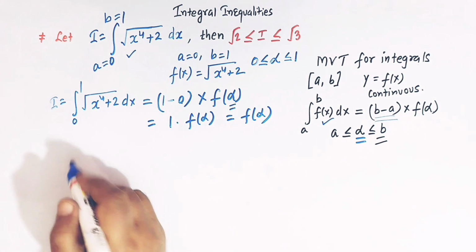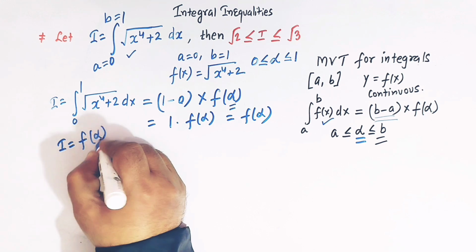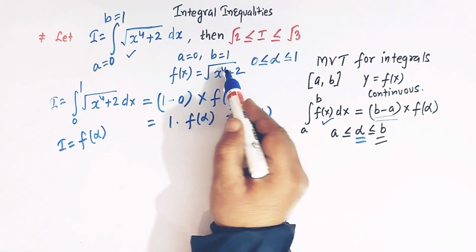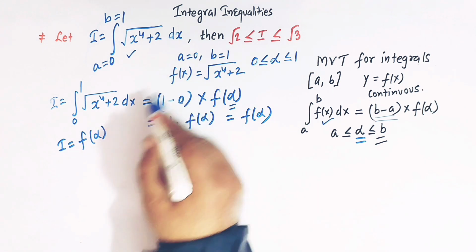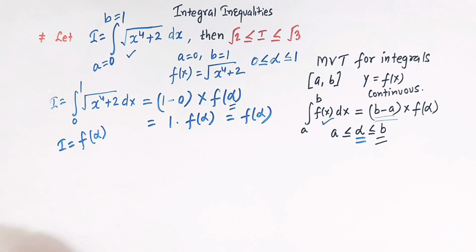So our integral I is now equal to f of alpha, and f of x is equal to square root of x raised to 4 plus 2. So we can now write the value of f of alpha by simply replacing this x by alpha, right?